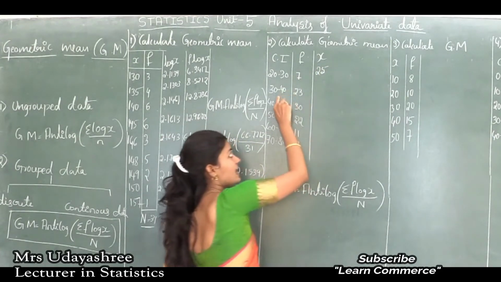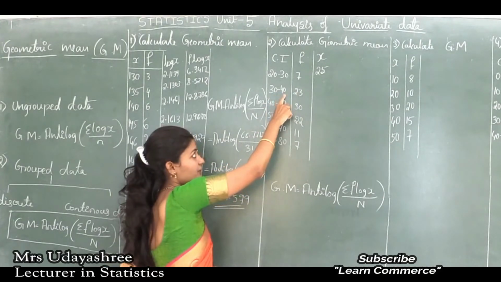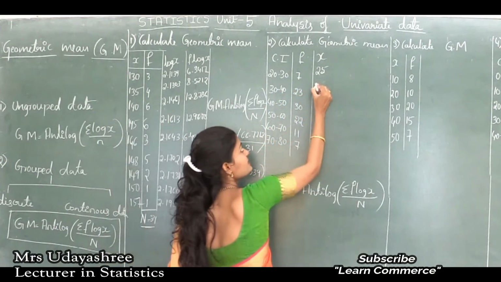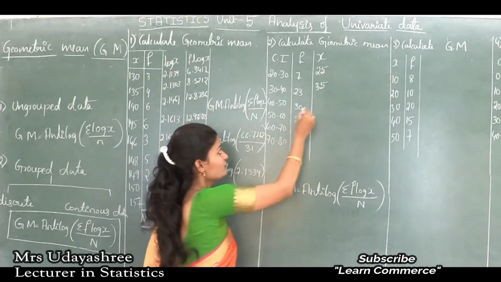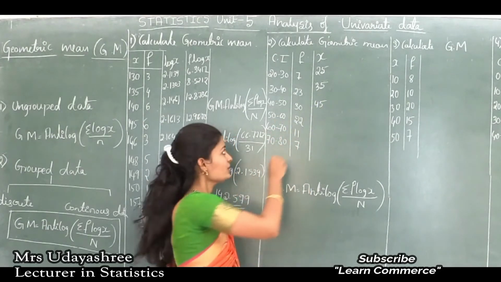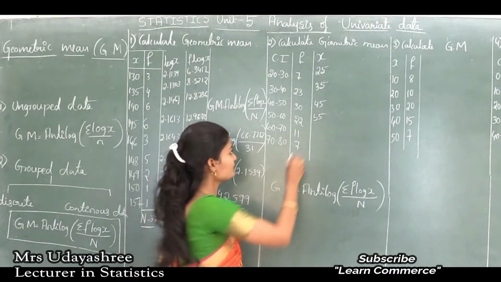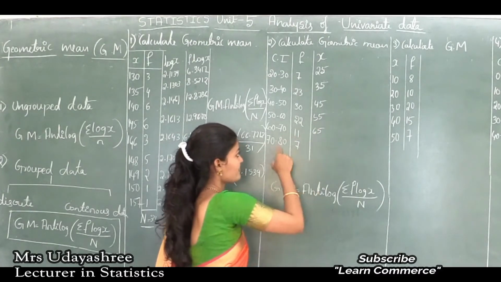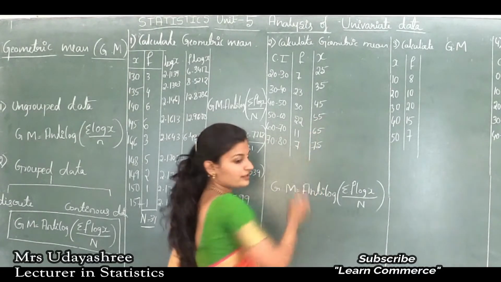For the next class, 30 plus 40 divided by 2 is 35. Next, 40 plus 50 divided by 2 is 45. 50 plus 60 divided by 2 is 55. 60 plus 70 divided by 2 is 65. Then 70 plus 80 divided by 2 is 75. So these are the midpoints.